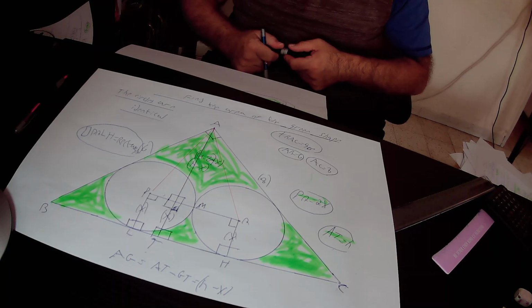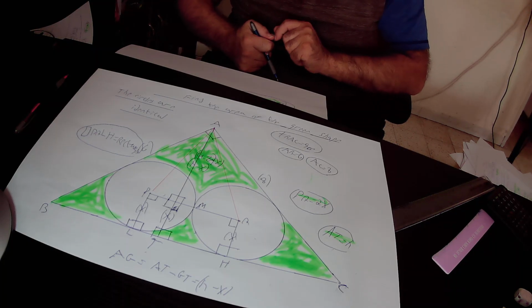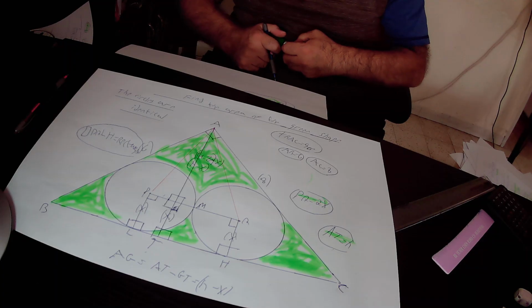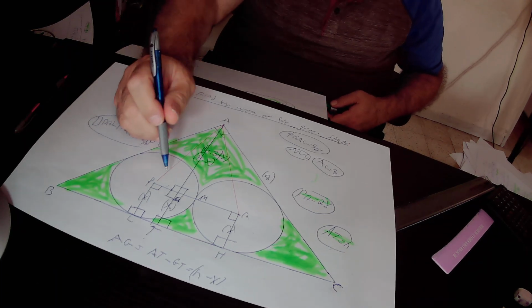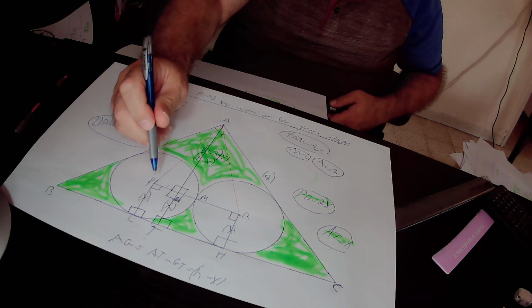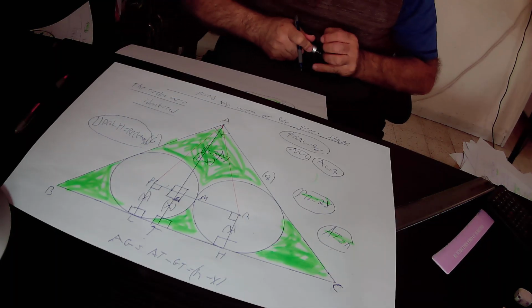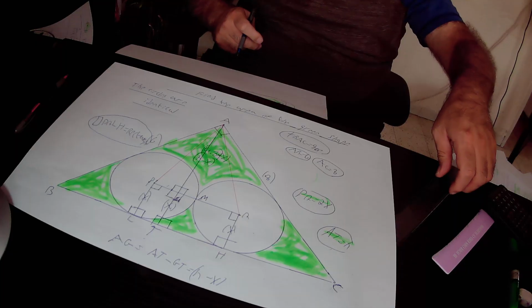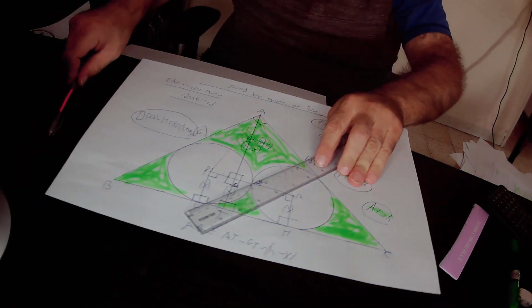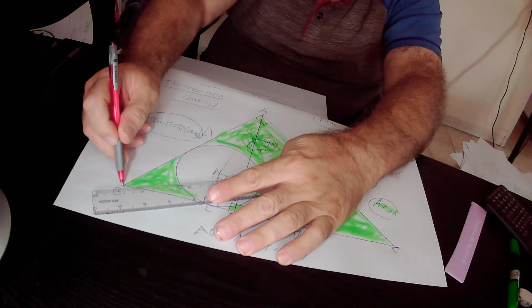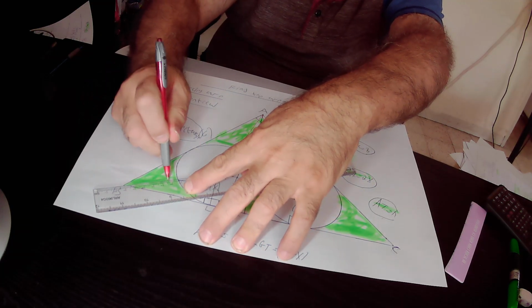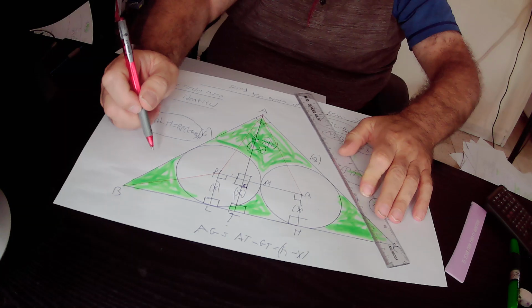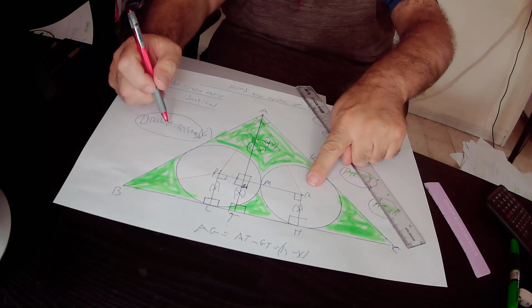In the next step, we will join points B and P together by a straight line. We join points C and Q together by a straight line.